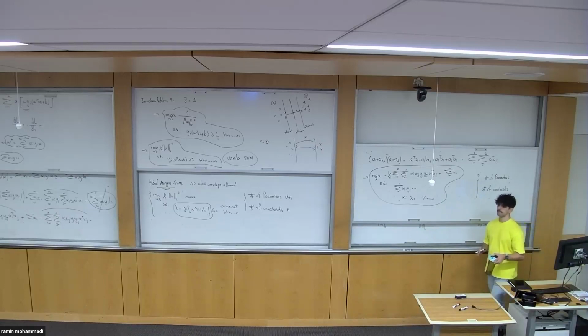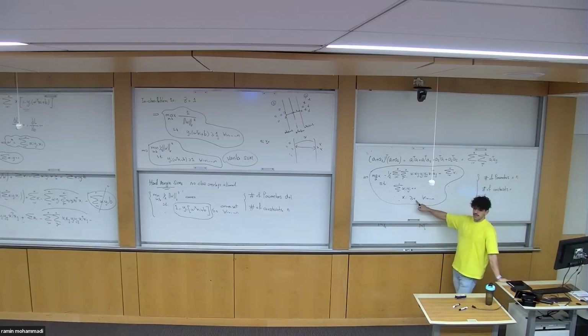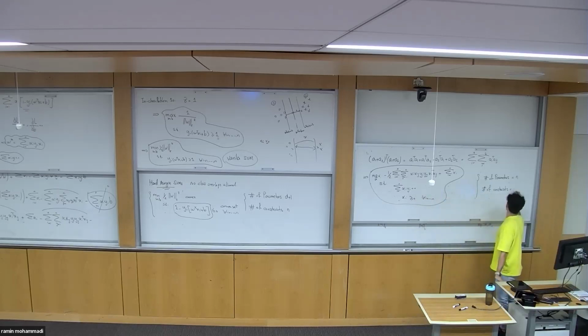N. How many constraints do you have? N. Which one is N? Why N? How about that then? That's not a constraint. N plus 1. This is one equation, right? So you have N plus 1.